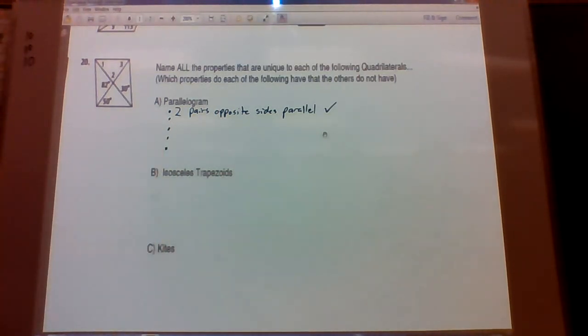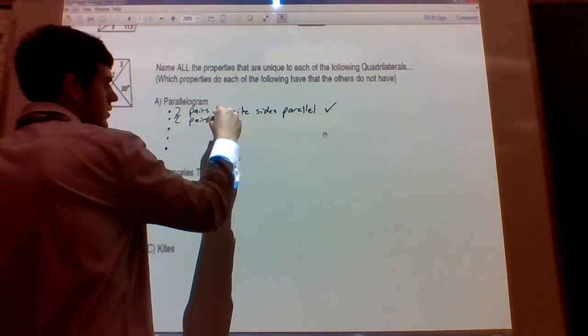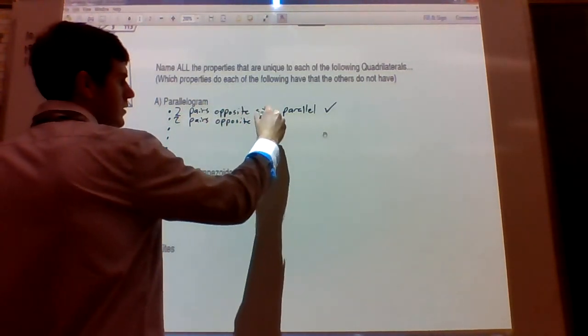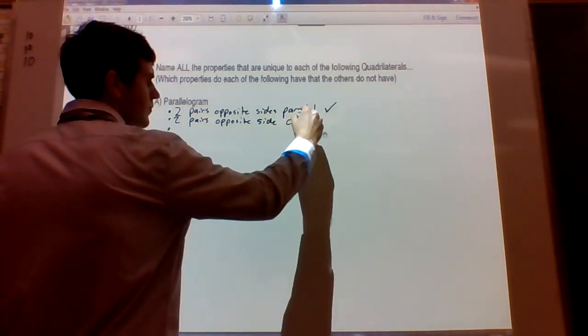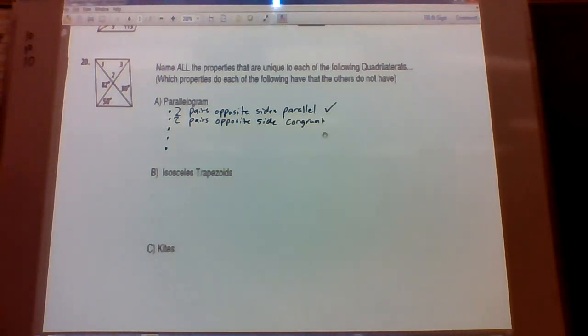Next one, 2 pairs of opposite sides. What do we say? Sides are congruent. So we know that's true for rectangles, rhombuses, and squares because they're parallelograms. So we have to look at our other categories here. Trapezoids. Are they going to have 2 pairs of opposite sides that are congruent?